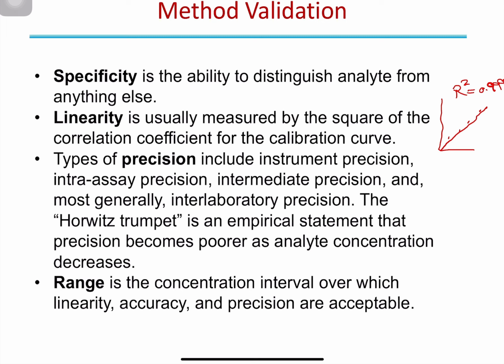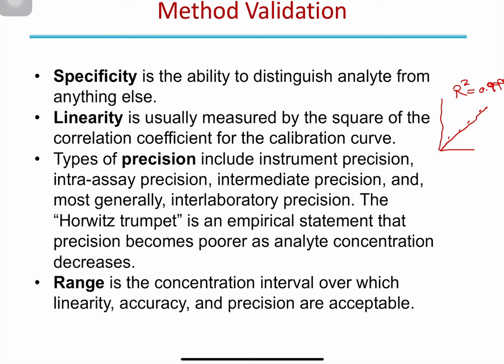For example, if you are measuring the concentration of copper in drinking water using a certain method, normally you would expect the concentration of copper in drinking water to be very small, in the nanomolar range.